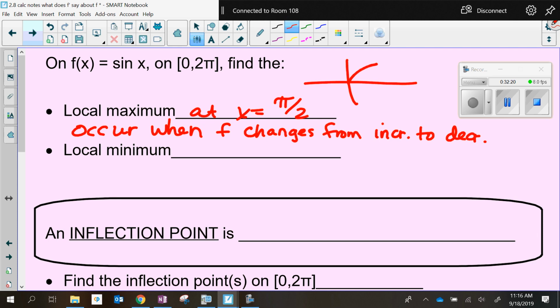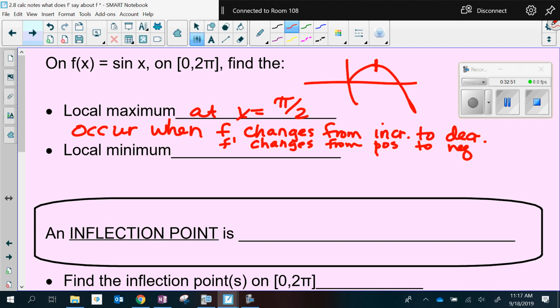F prime is positive here, and it definitely is negative here. Yes, f prime is changing from positive to negative. So you're going to have all these reasons, but they're all related to why it's a local max. No longer are the days where we look at the graph and say it's the local max because it's the highest one up there. We'll have to give one of these two reasons.